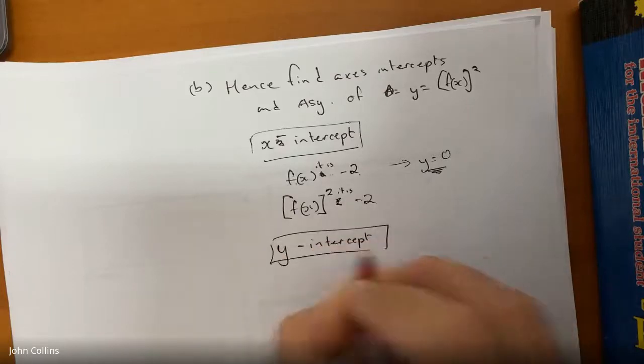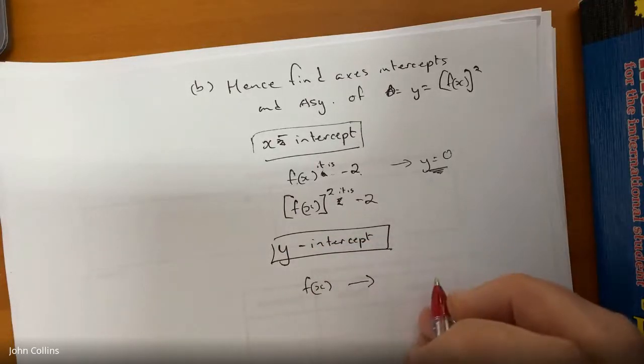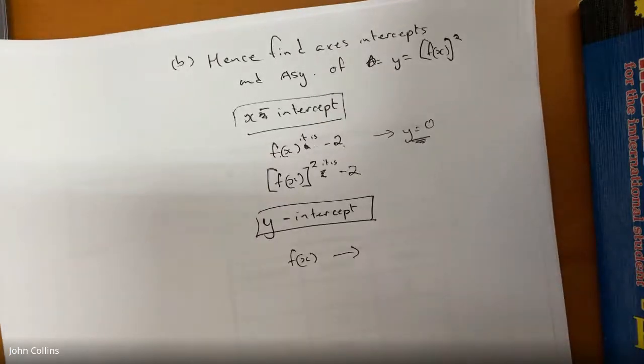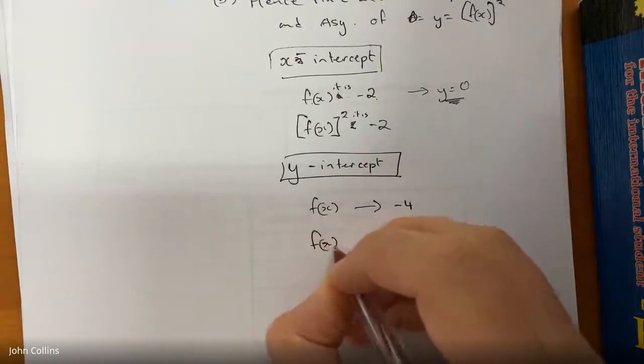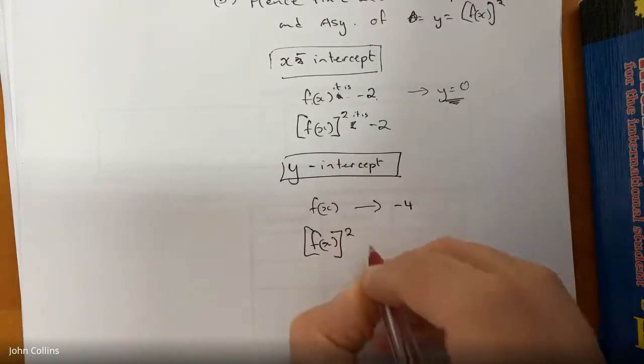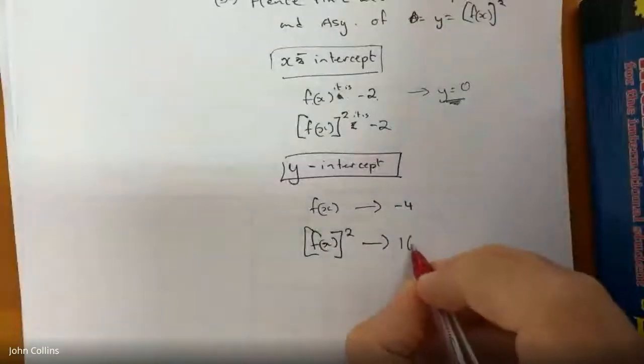The y-intercept in the f(x) function was previously -4 from the previous page. What will it be in its brother here that's squared? This one will be 16, yes, of course.